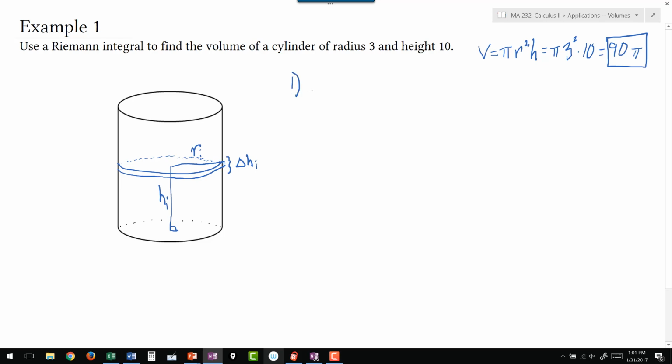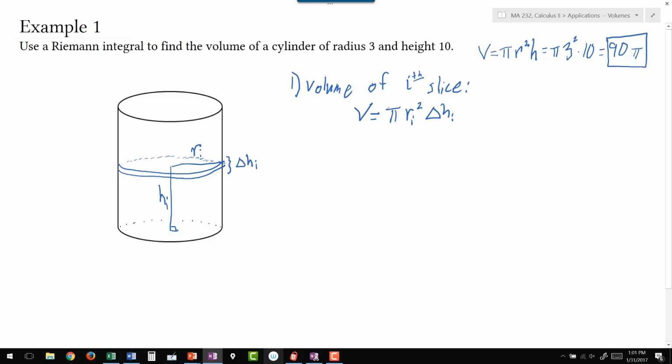Next up, we need to figure out the contribution of each piece. In other words, we need to find the volume of one of our slices. Well, we know the volume of a disk is pi times the radius squared times the thickness of the disk.